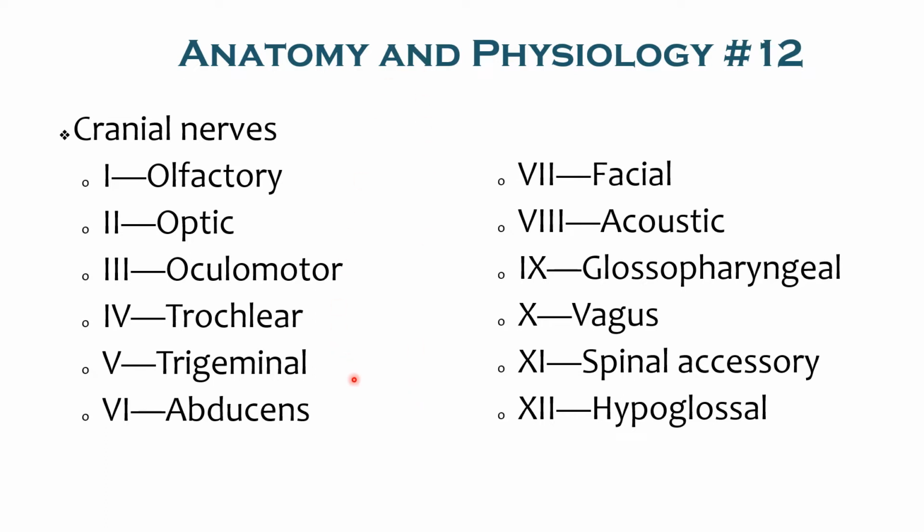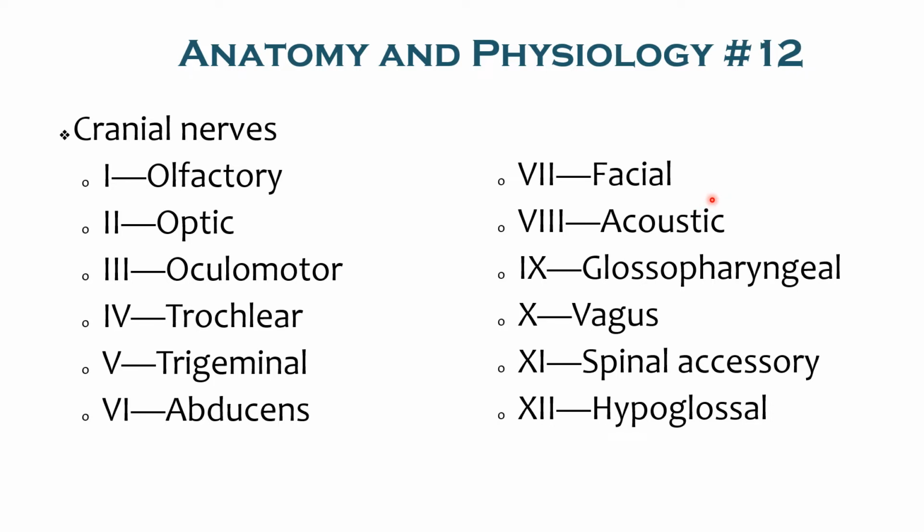And then we have cranial nerve number 6, known as abducens. Okay, it functions for lateral movement of the eye, and its type of impulse is motor. Okay, cranial nerve number 7. This has function for motor and sensory.